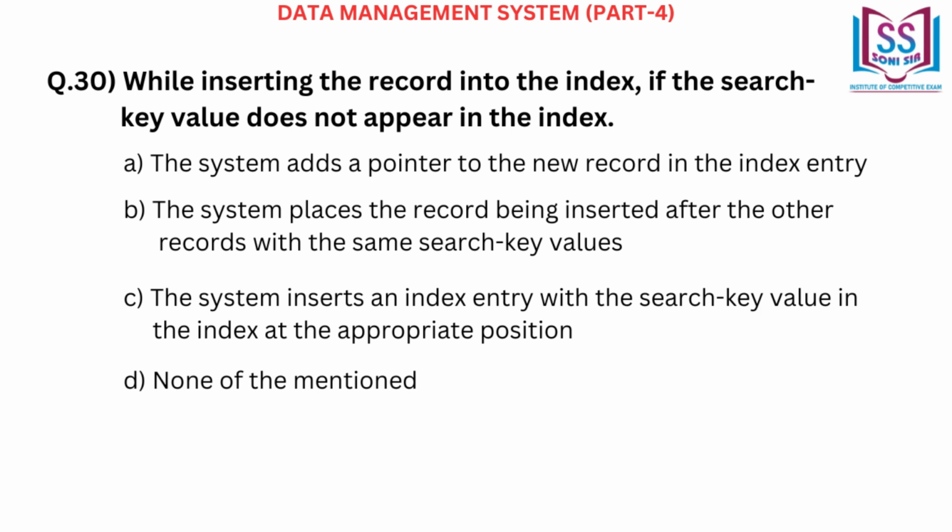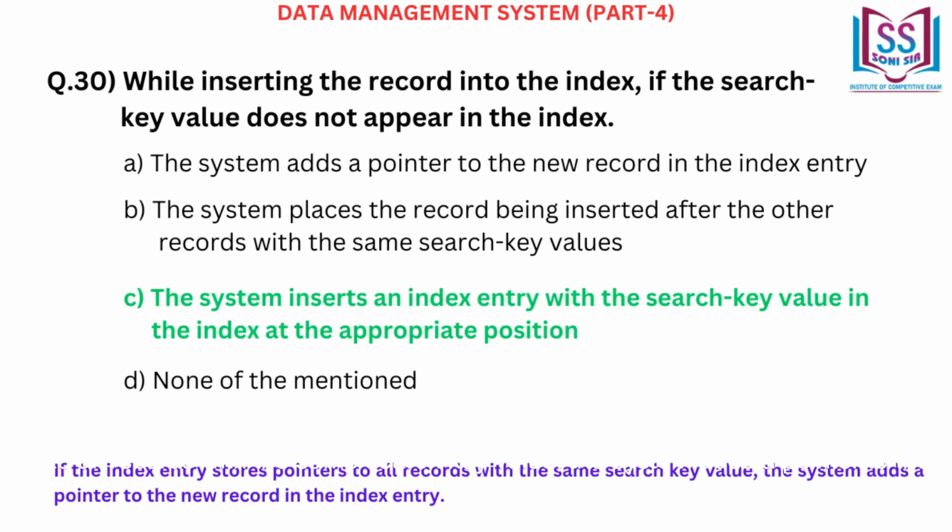D. None of the mentioned. Correct answer C. The system inserts an index entry with the search key value in the index at the appropriate position. If the index entry stores pointers to all records with the same search key value, the system adds a pointer to the new record in the index entry.